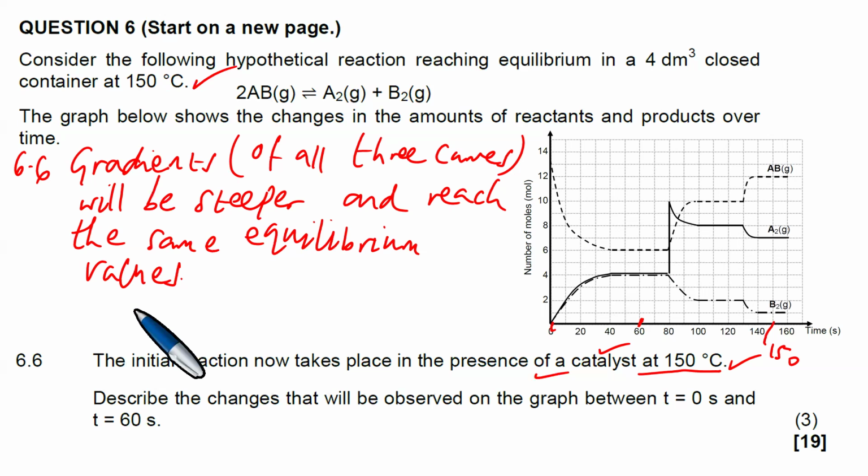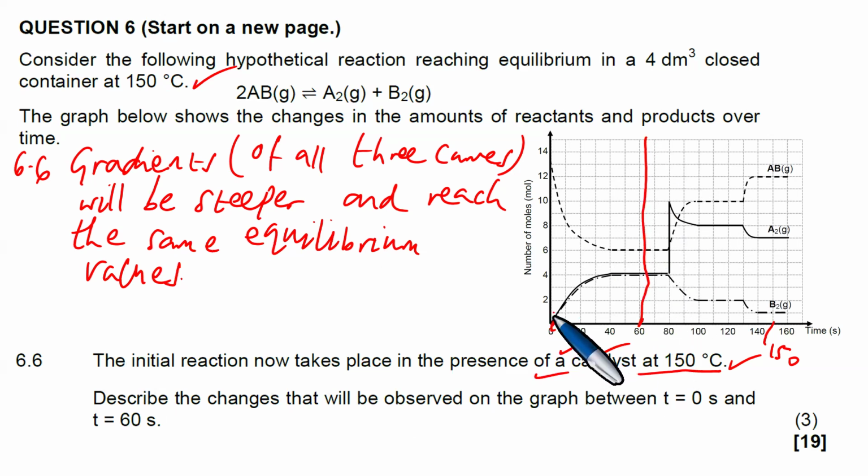Why is this? The gradients will be steeper because a catalyst speeds up the reaction without taking part. If it speeds it up, the gradients will be steeper between 0 and 60.